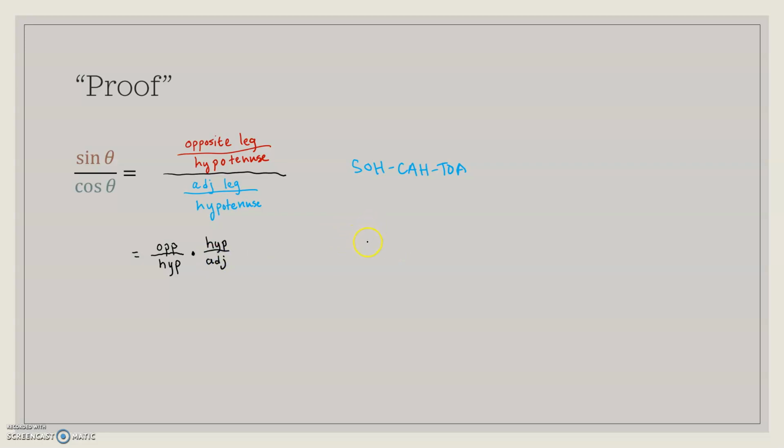And the logic for what we just did there was that division is multiplying by the reciprocal. All right, so then what I notice is that I have a hypotenuse in the denominator and a hypotenuse in the numerator.